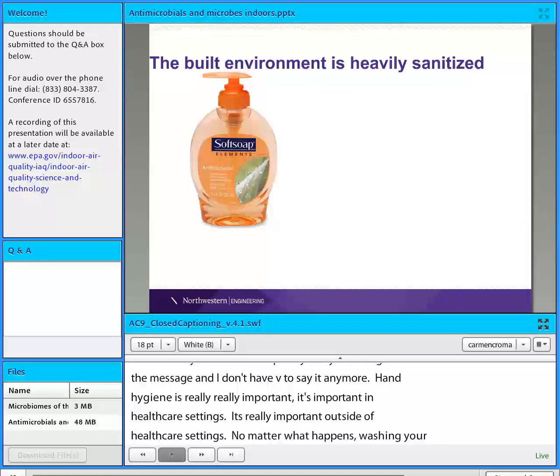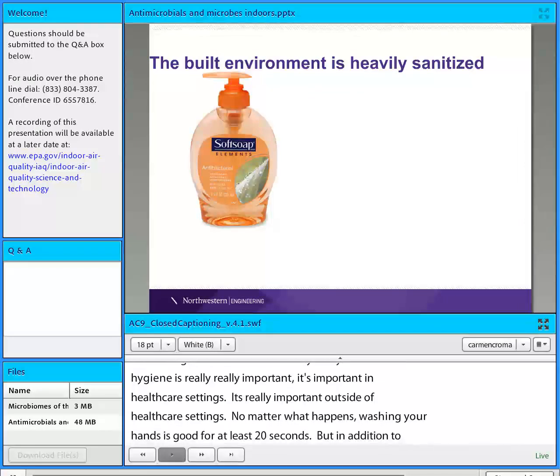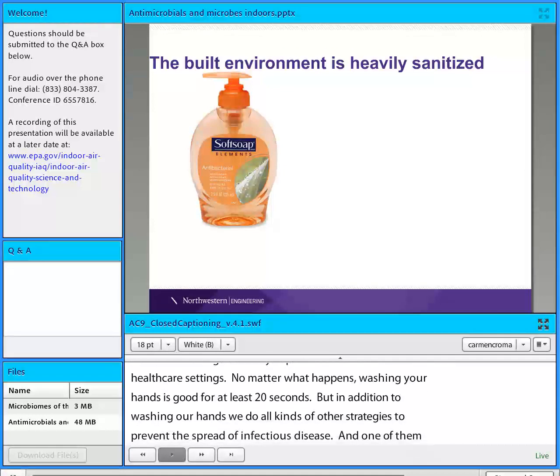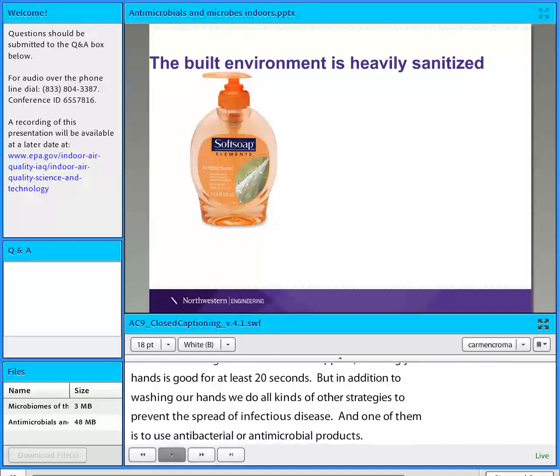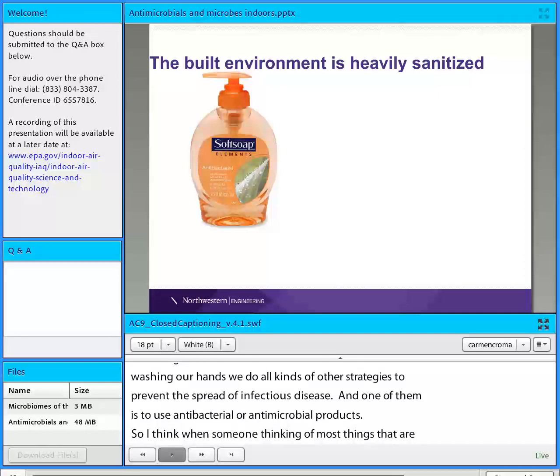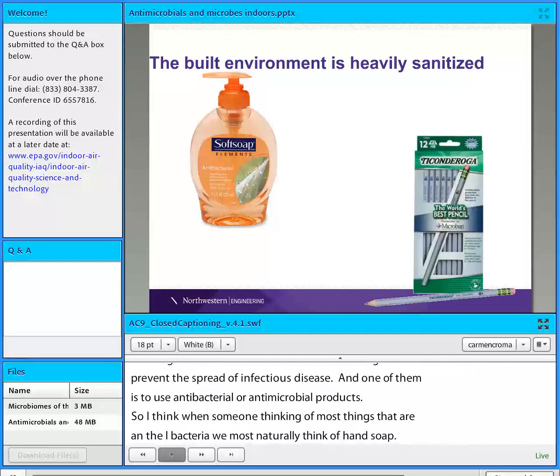Okay, but in addition to washing our hands, we use all kinds of other strategies to prevent the spread of infectious disease. And one of them is to use antibacterial or antimicrobial products. So I think when most people think of something that's antibacterial, we sort of naturally think of hand soap. But there are all kinds of antimicrobial products within our built environments.